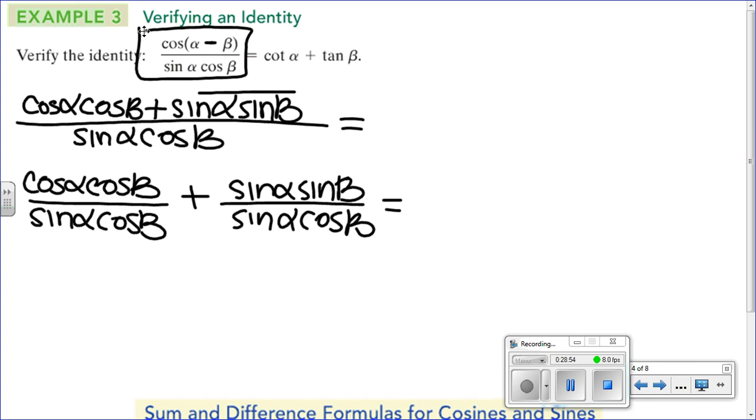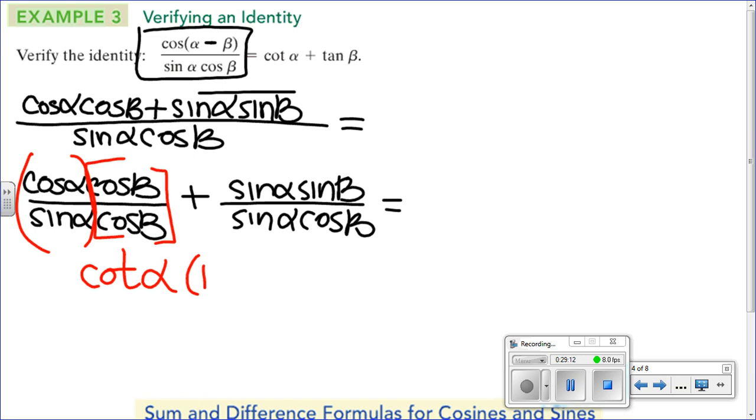And then I know you're starting to see things. What is cosine over sine? Cotangent. What is cosine of beta divided by cosine of beta? This is 1. Now here, what is sine of alpha divided by sine alpha? 1.